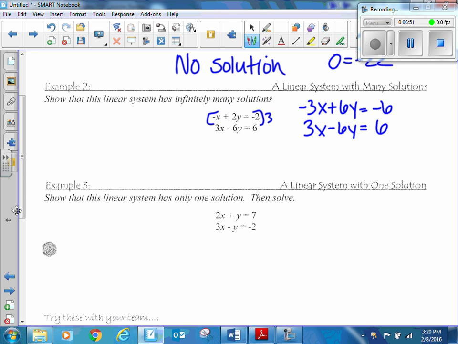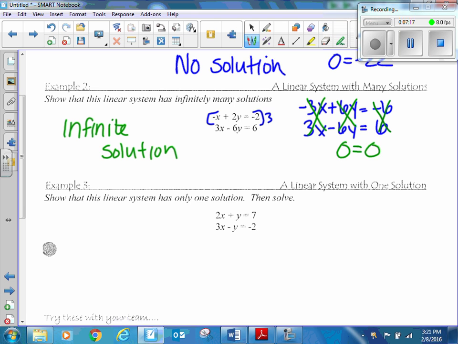When I look here, these cross out, and -6 and +6 cross out. So all I'm left with is 0 equals 0, and again, that is infinite solutions. We know that with infinite solutions the lines are the same, so that would be consistent because it has at least one solution, and it's also dependent.